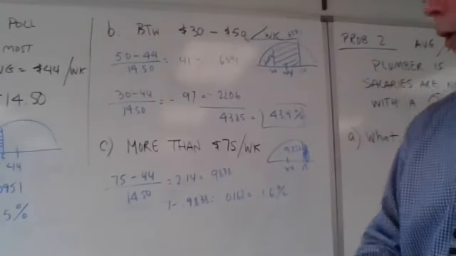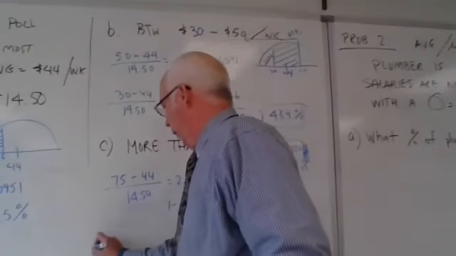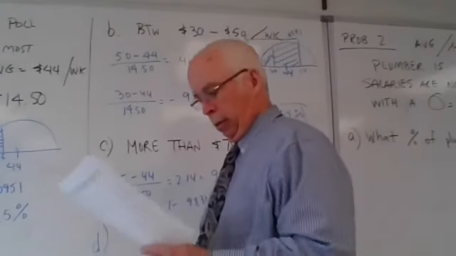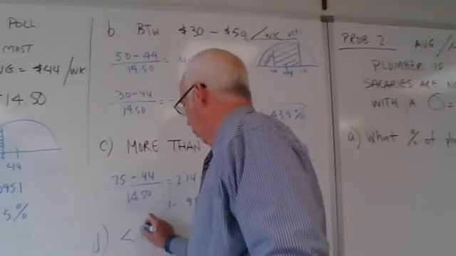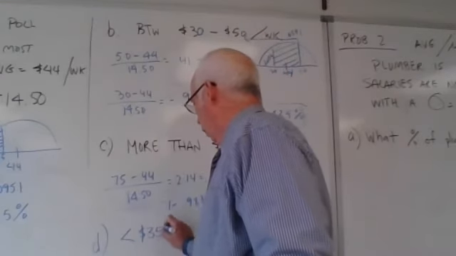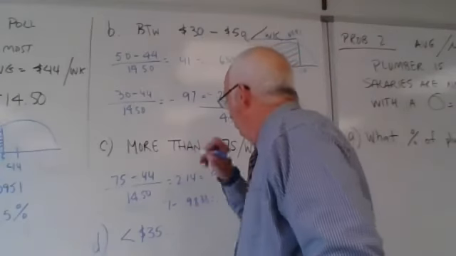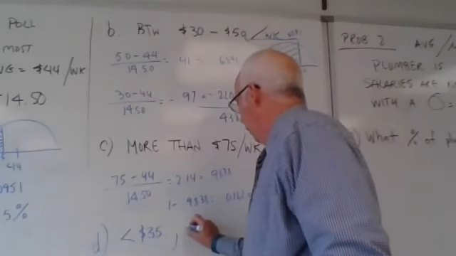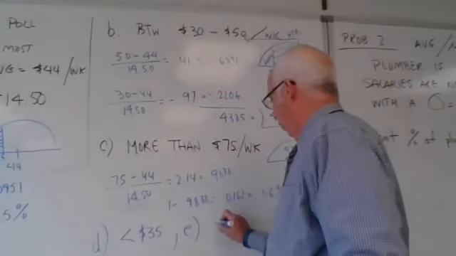So while we're here, I'm going to have you do D for homework. D is less than $35. You're going to calculate D for 35, since I'm running out of room. For E, we're going to do more than $50.